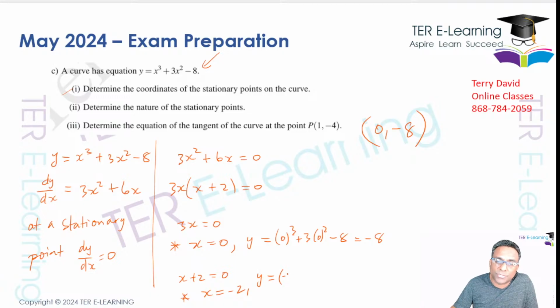So that's minus 2 cubed plus 3 by minus 2 squared minus 8. And this is going to work out to minus 2 cubed is minus 8, plus 12, minus 8. And you're going to get minus 4. So my next stationary point here is going to be (minus 2, minus 4).